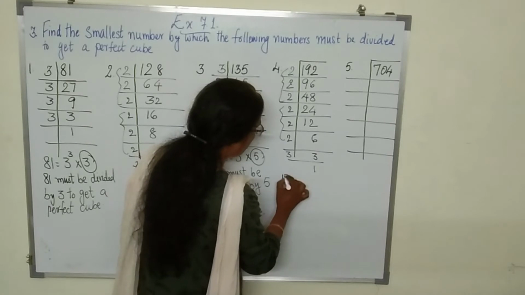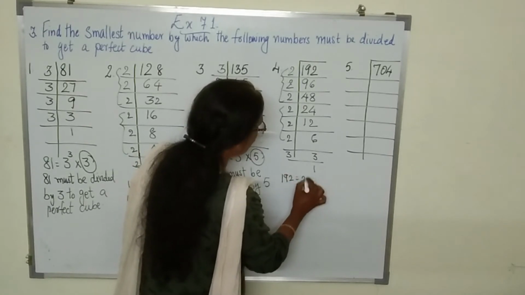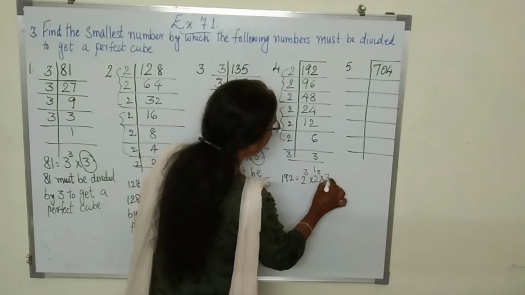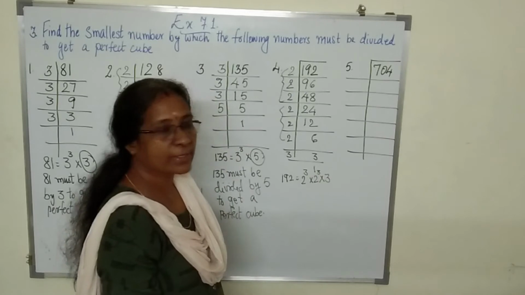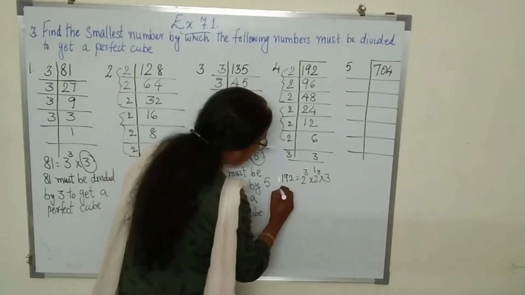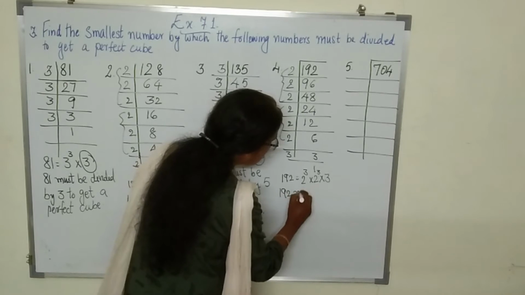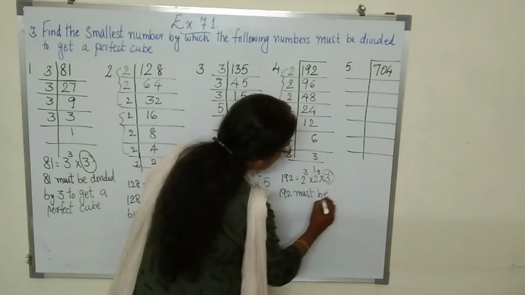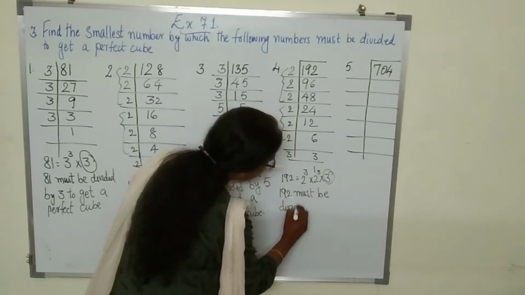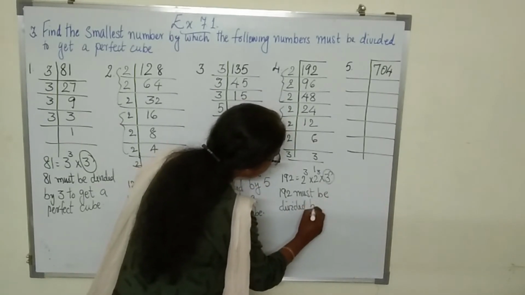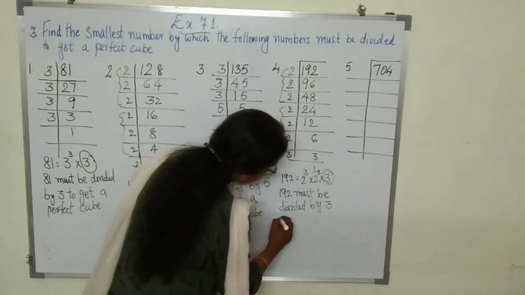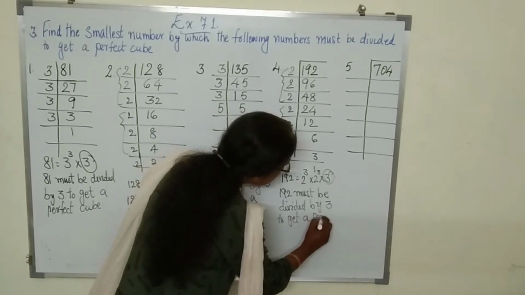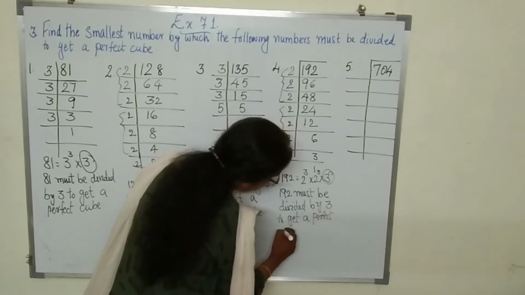So 192 is equal to 2 cube into 2 cube into 3. What is the extra factor here? 3. So 192 must be divided by 3 to get a perfect cube.